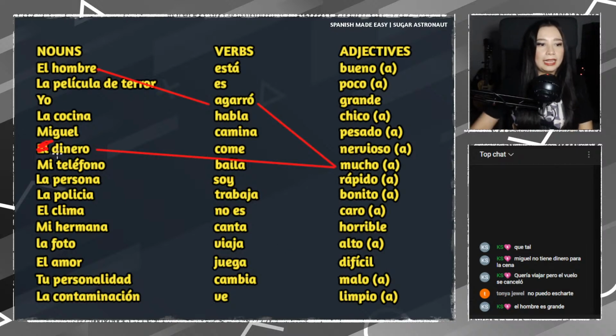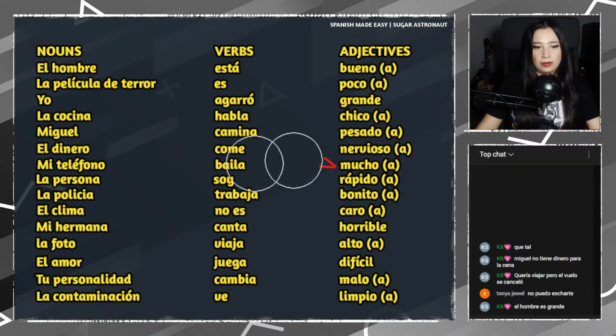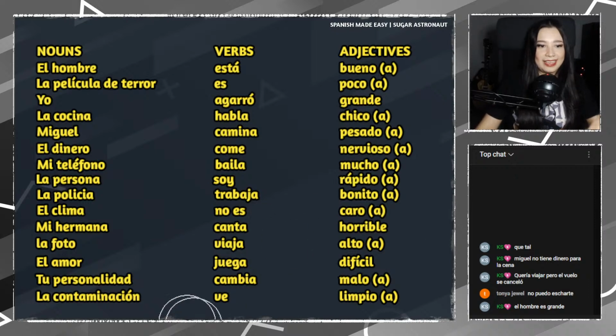So you don't need el dinero. It will be wrong to say el hombre agarró mucho el dinero. I mean, it sounds kind of weird. So, of course, it depends on what you want to say. But yeah, we have infinite options here.